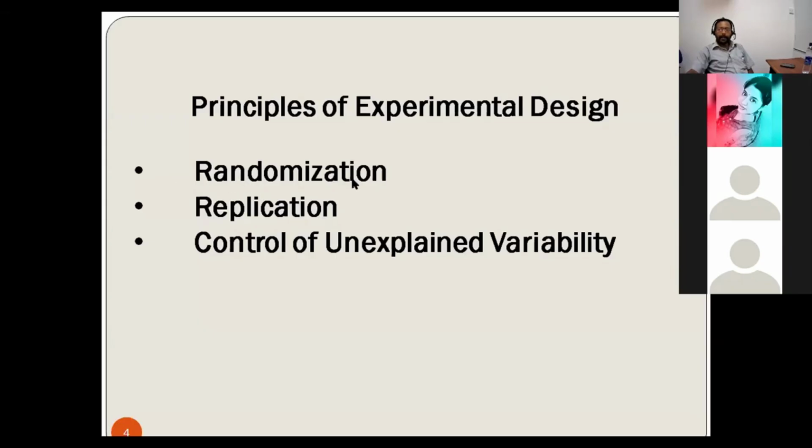The first principle is randomization. The second principle is replication. The third principle is control of unexplained variability. Three principles you should remember: randomization, replication, and control of unexplained variability. We will see them one by one.